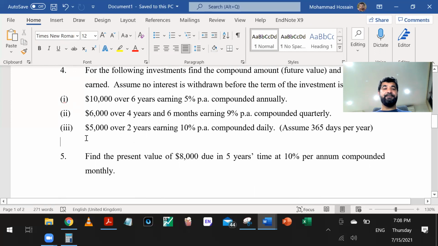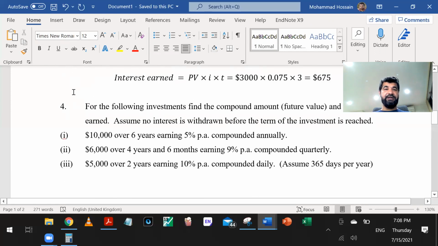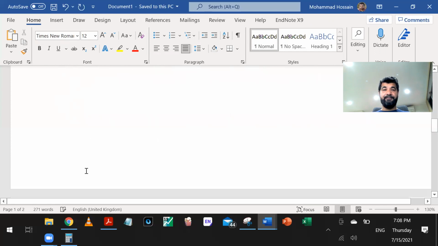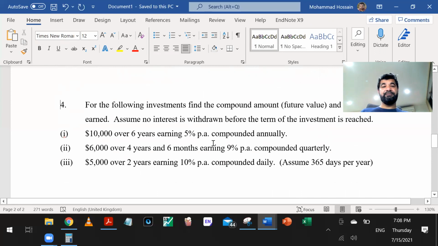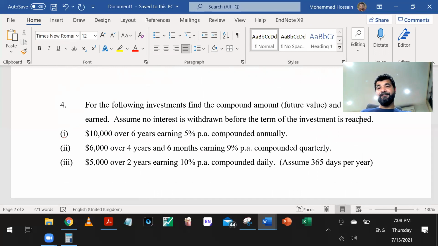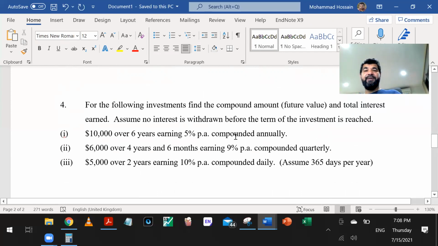Number 4. Let's take it to the next page. For the following investments, find the compound amount, future value, and the total interest earned.